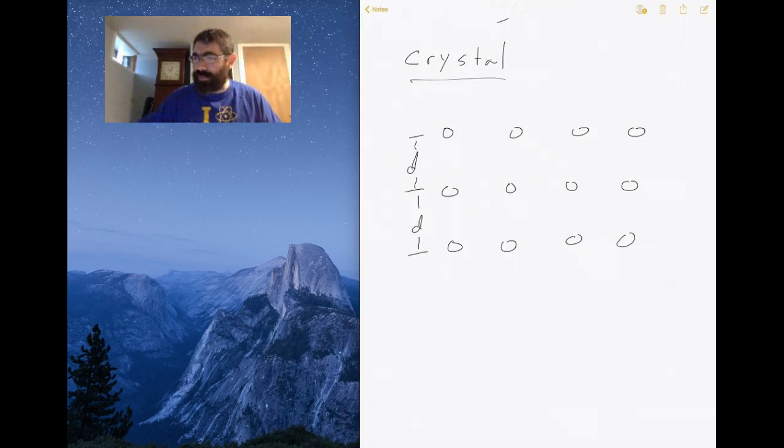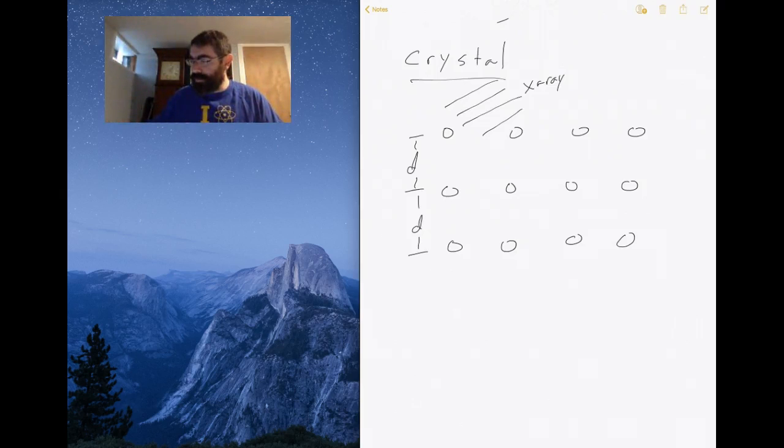Then the plane waves of X-rays, here's our X-rays right here, impinge upon this crystalline structure, and they're going to diffract around the atoms, but some of the light may go to the second level, and some of the light may interact with the first plane.